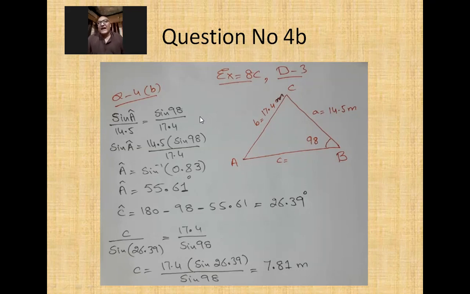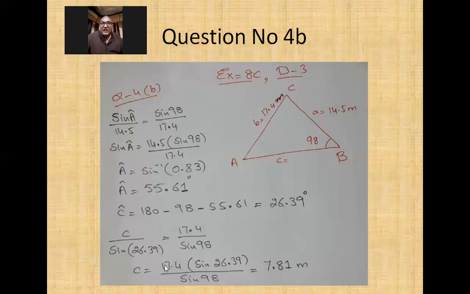So once you know the angle C, now you know all the three angles. Now one side is left, the side C. And I now know the angle opposite to this side. I want to know this side. I know this angle, it's 26.39. So C divided by sine 26.39 is equal to 17.4 divided by sine 98.